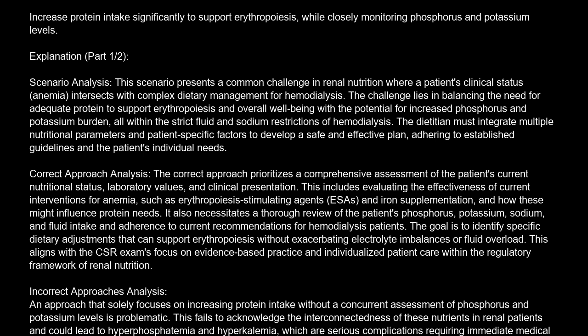It also necessitates a thorough review of the patient's phosphorus, potassium, sodium, and fluid intake, and adherence to current recommendations for hemodialysis patients. The goal is to identify specific dietary adjustments that can support erythropoiesis without exacerbating electrolyte imbalances or fluid overload. This aligns with the CSR exam's focus on evidence-based practice and individualized patient care within the regulatory framework of renal nutrition.